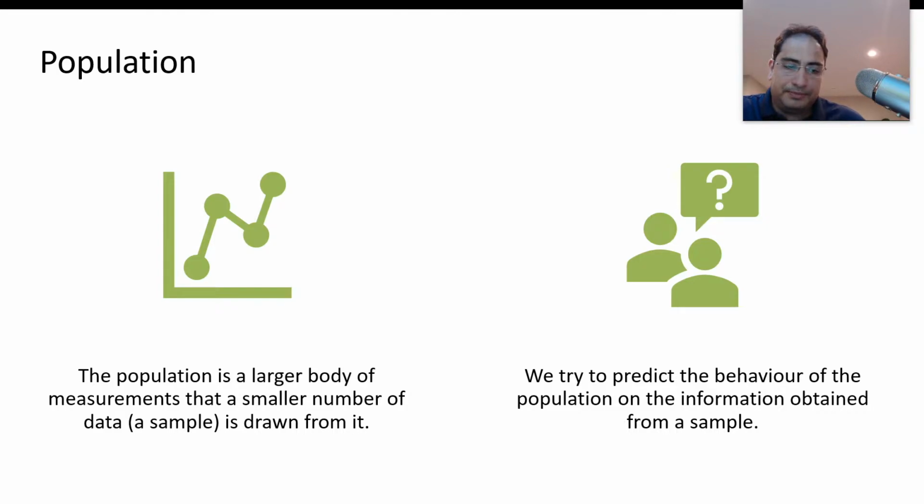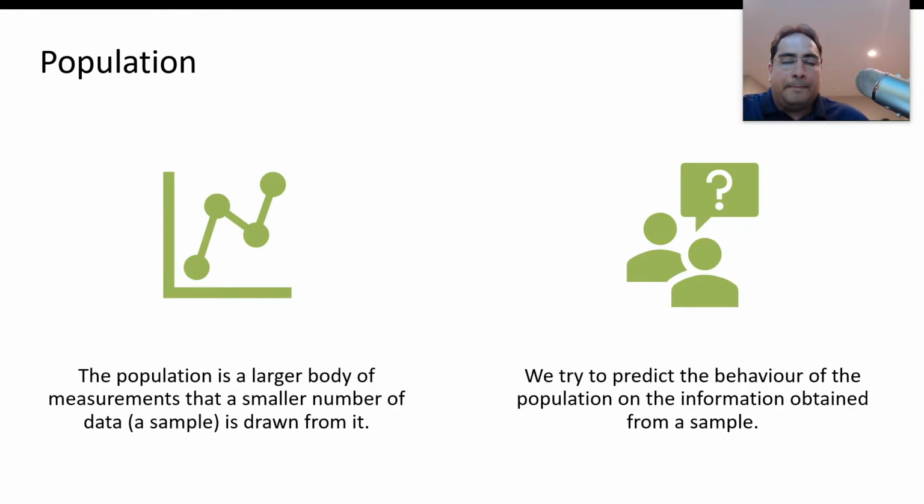In general, when you take a look at large samples of data, the larger body of measurements that we have, for example, when we're looking at the average age or average height of Canadians, then it's impossible to go and ask everyone what their height is currently, and even the census only happens every 5 years.